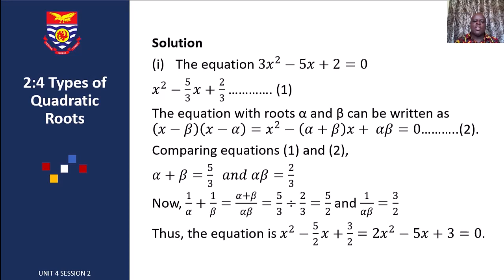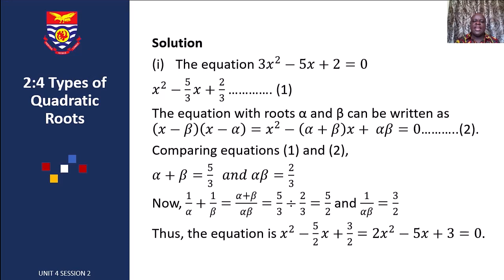So the sum of 1 over alpha and 1 over beta, when you do the LCM for it, you get alpha plus beta over alpha beta. And if you put the values in place, alpha plus beta is 5 on 3 divided by alpha beta, which is 2 out of 3. And then when you simplify, you get 5 out of 2.